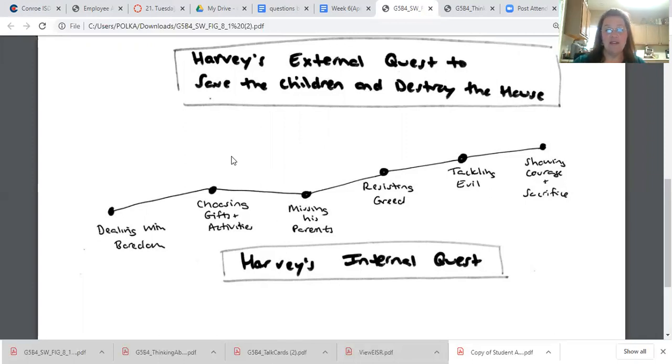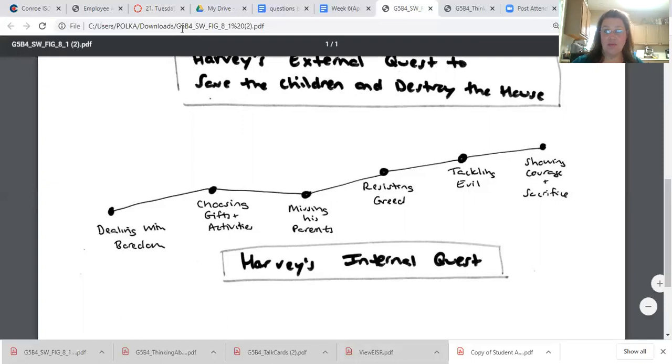So these are part of his quests. All of these fantasy stories that we're reading right now have to do with quests. Think about The Lion, the Witch and the Wardrobe, think about Harry Potter. Those characters are also going through their own quests, just like in our read aloud. So I want you to think about your book today too.